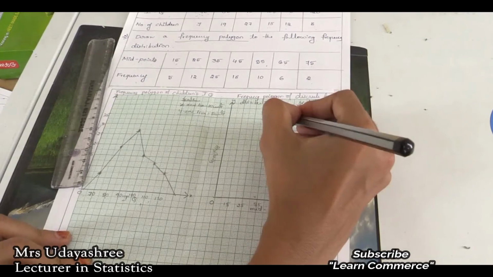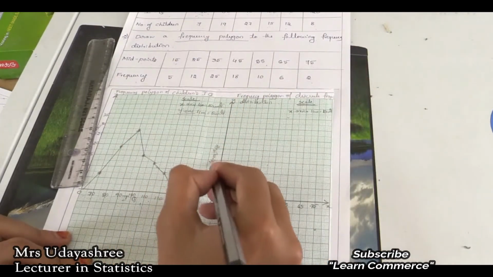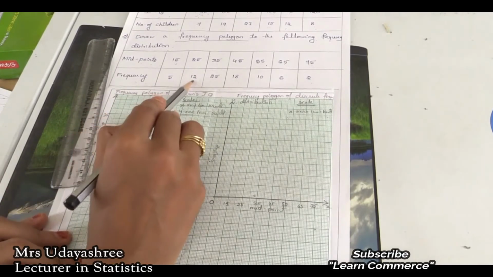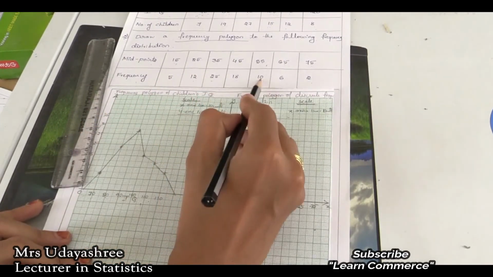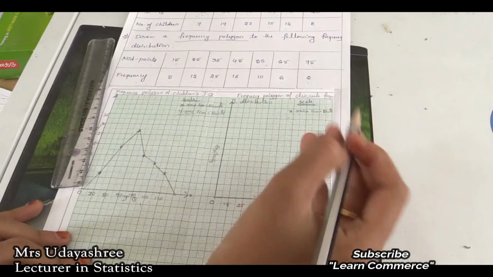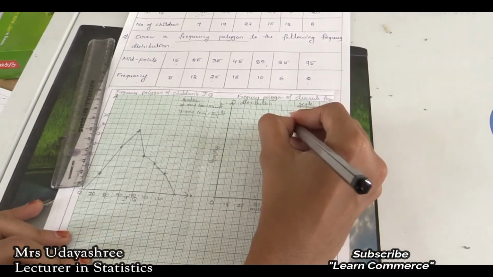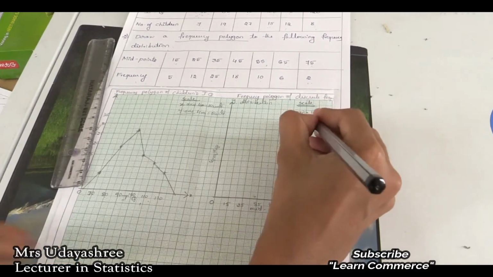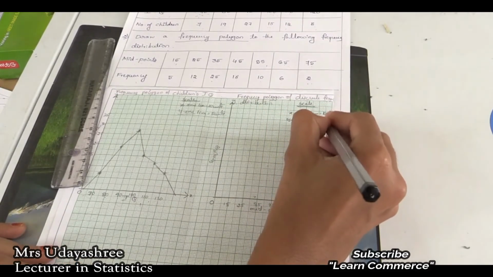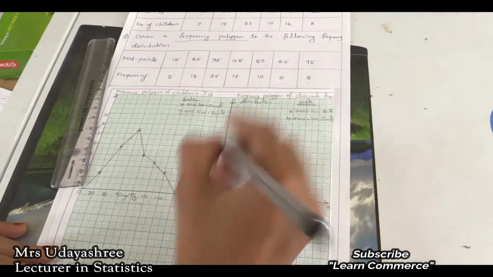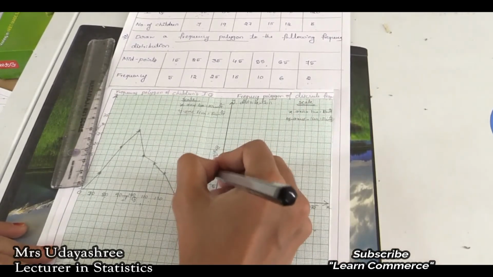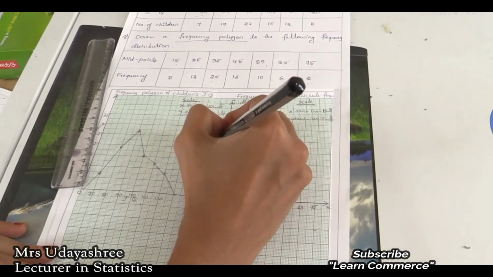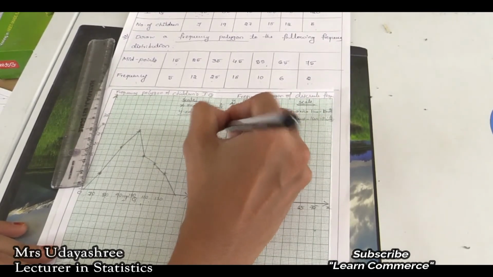The frequency is along the y-axis, and the frequency observations are 5, 12, 25, 18, 10, 6 and 2. Therefore the scale for the y-axis is 1 centimeter equal to 5 units. So that is 5, 10, 15, 20, 25 and 30.